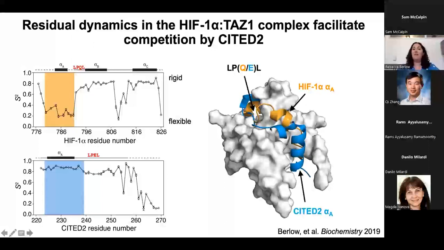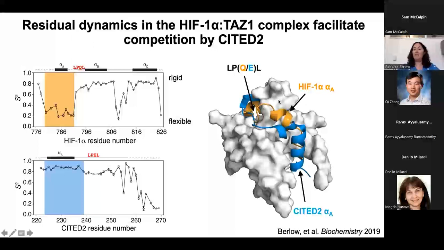And it turns out that once Cyted2 is bound to TAZ1, its alpha A region, and in fact most of the polypeptide, is quite rigid in its complex with TAZ1 with high order parameter values. And so this suggests that there are residual dynamics in the HIF-1 alpha bound state of TAZ1 that are allowing for potential competition by Cyted2, perhaps in this region.